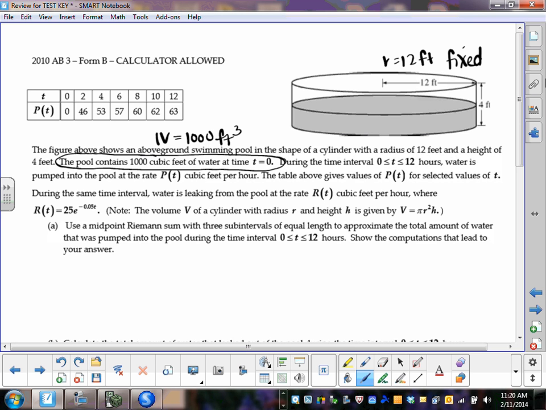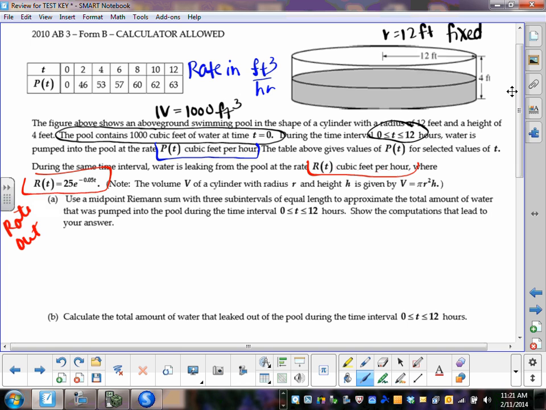And during the time interval 0 to 12 hours, so that's my window, since this is a calculator question, water is being pumped in at the rate of P(t) cubic feet per hour. But water is leaking out of the pool at a rate R(t) cubic feet per hour. So that makes R(t) the rate out.